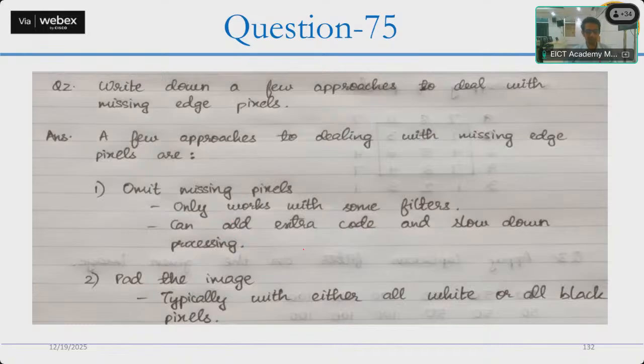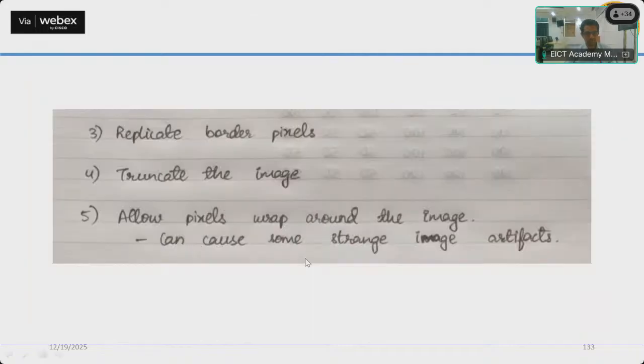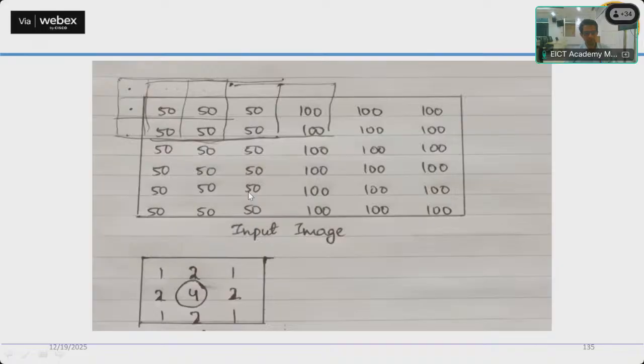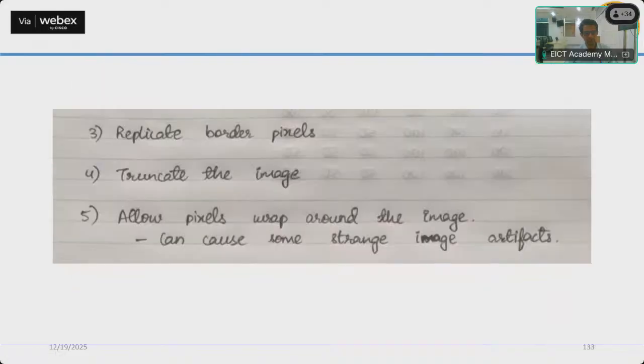Pad the image. Typically you pad it with either all white values or black values. You can also replicate the border pixels, because we know that the image holds continuity. Or truncate the image, or allow pixels to wrap around the image, which can cause some strain.